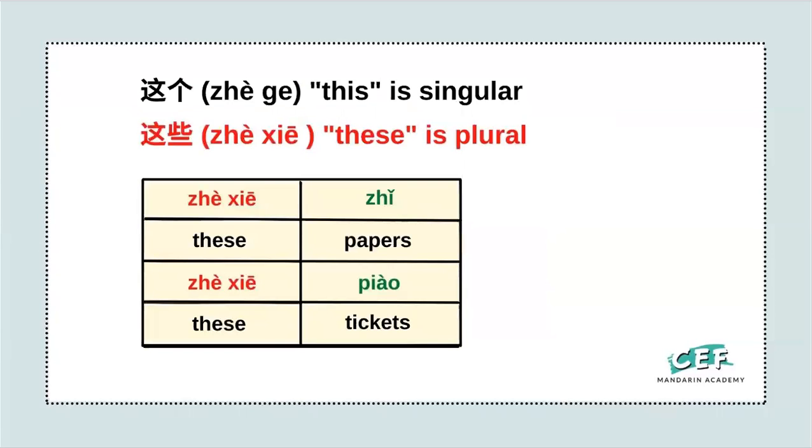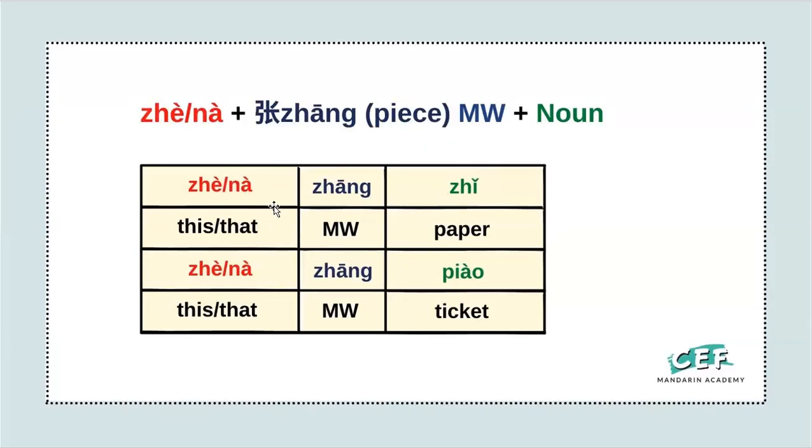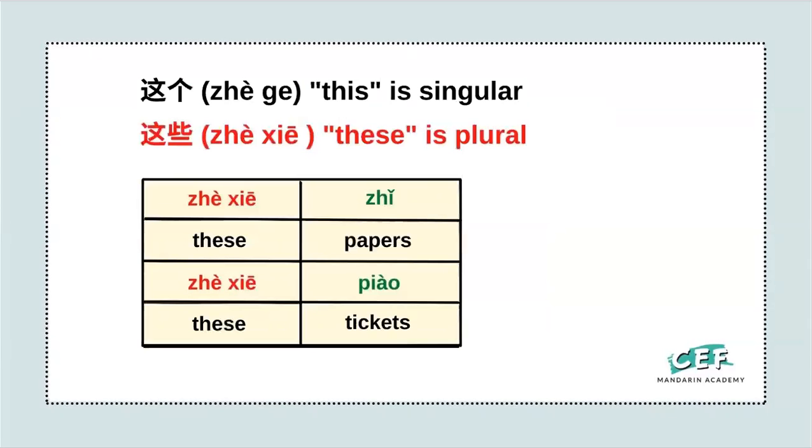Okay, just now we are talking about singular. Now we want to talk about plural. Let's say 这张纸, this refers to one piece of paper. If I want to say these papers, how to say?